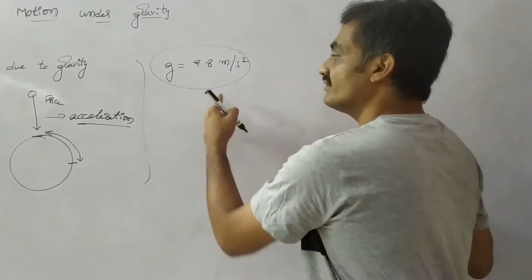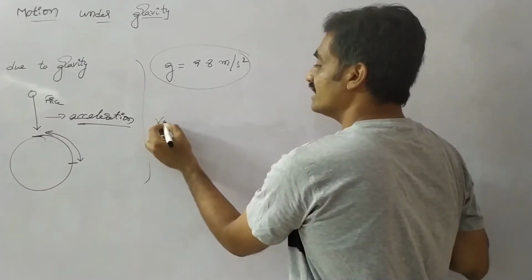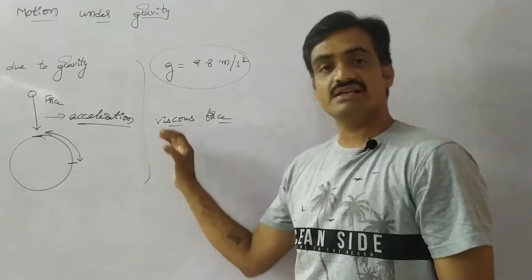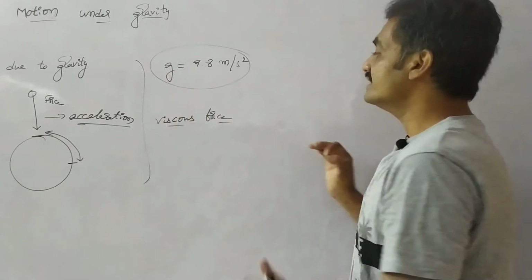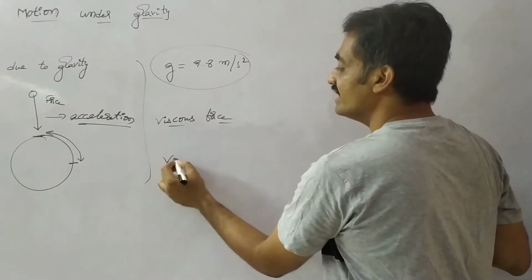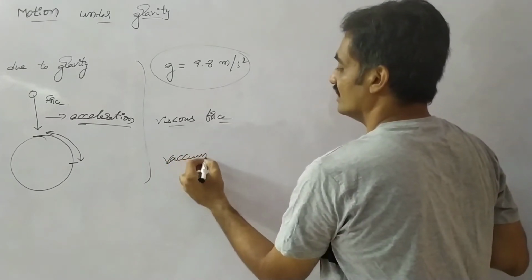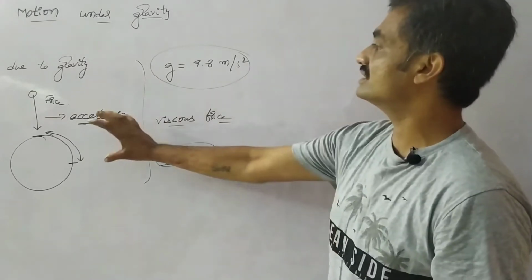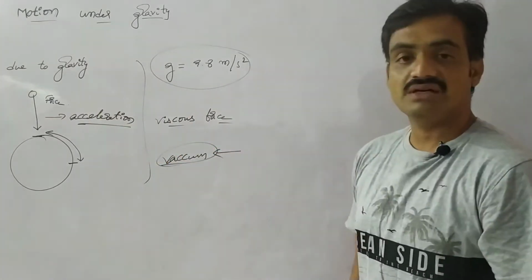In the case of acceleration due to gravity, we neglect viscous force. We consider that the body is traveling in vacuum. That is what we discuss about acceleration due to gravity.